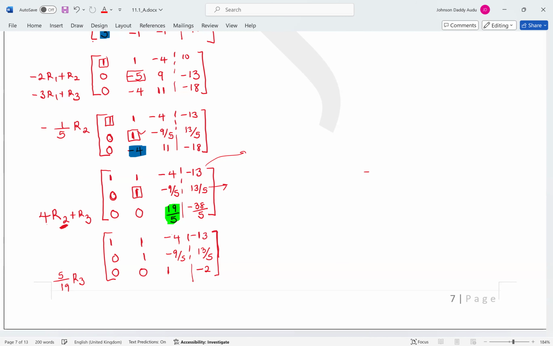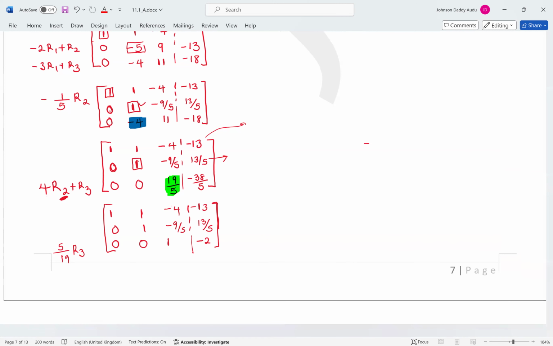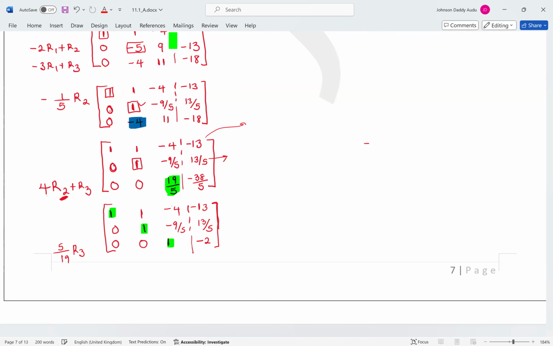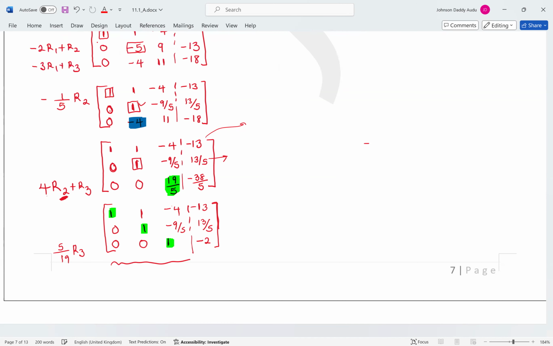Okay, so now if you look at this, this is what? This is now row echelon, because this is 1, this is 1, this is 1. This matrix is in row echelon form.